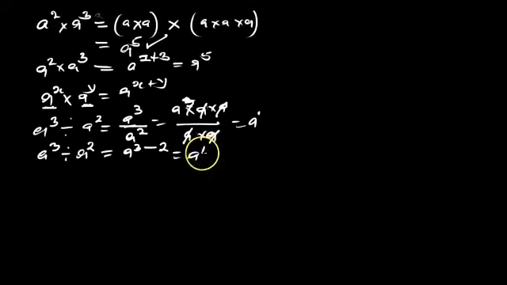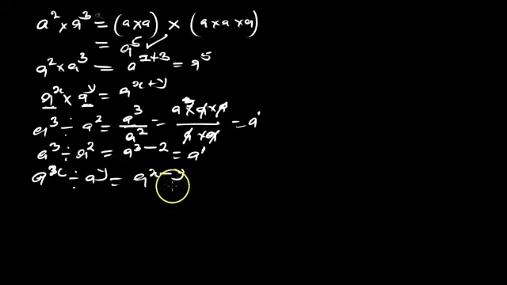That's equal to a raised to power 1. So I can now conclude with my law of division, my law of subtraction: if I have a raised to power x divided by a raised to power y, it becomes a raised to power x minus y.